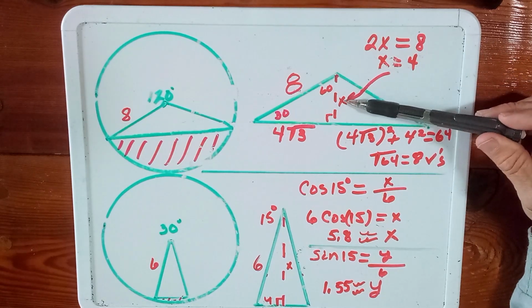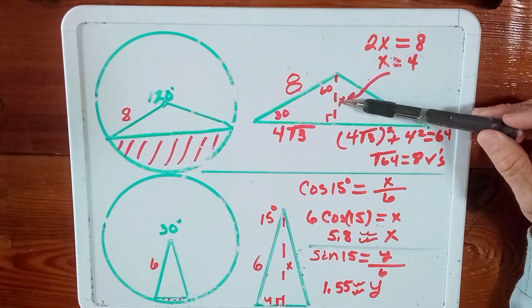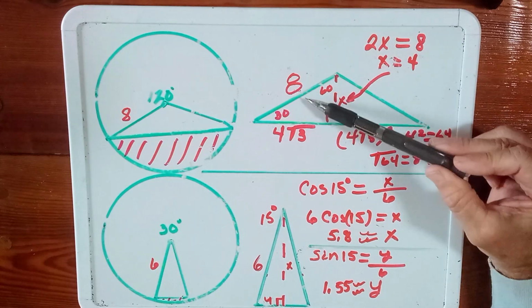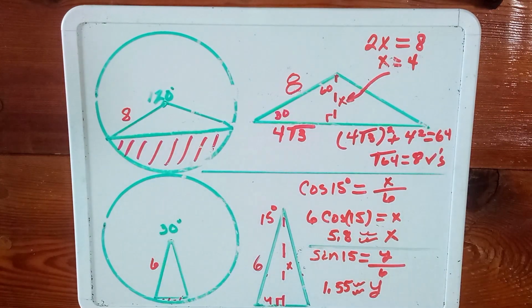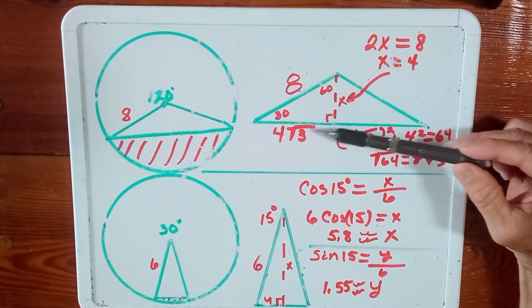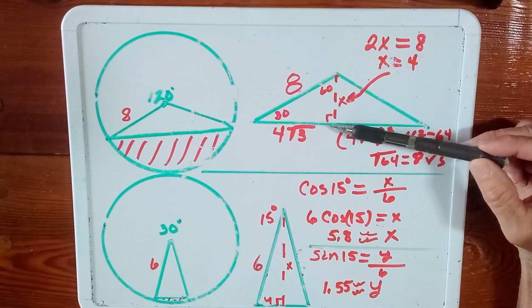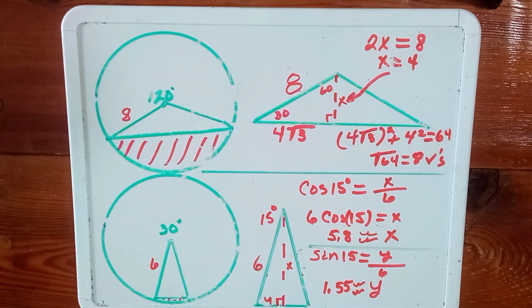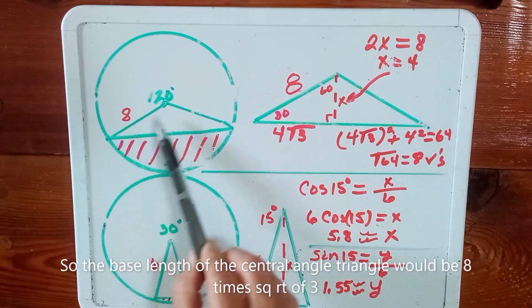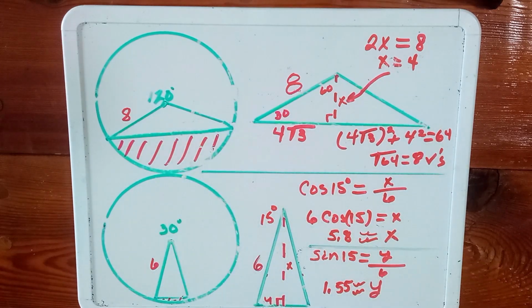If the height is 4, well, the other leg then becomes that value times the square root of 3. And by the way, I got 8 from the radius from the problem. We were actually given that value. So even though my central angle started out at 120, it ends at 60 when calculating the height and the length of this partial leg right here. It's also going to give me the value times 2 for the whole base of the main sector triangle.